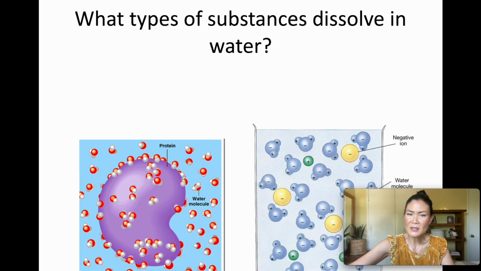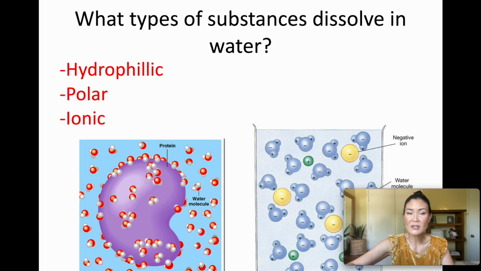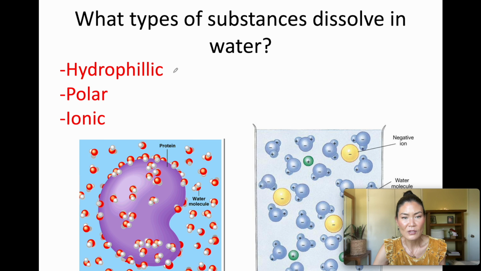So what type of substances dissolve in water? Like we said, ionic substances, right? Polar substances, or anything hydrophilic, okay? Hydrophilic means water-loving, and so water-loving substances are polar substances, ionic substances. So I guess you can say that the word hydrophilic is kind of a general term, and that polar and ionic substances are hydrophilic.